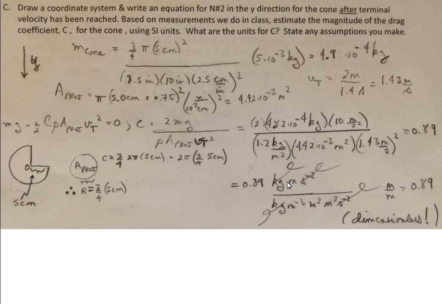And if you look at the units, kilograms cancel, seconds to the minus 2 cancels, and you end up with meters on top and meters on the bottom. And so big C is dimensionless. So the estimate I arrived at, and you should have gotten something close, is 0.89 for big C.